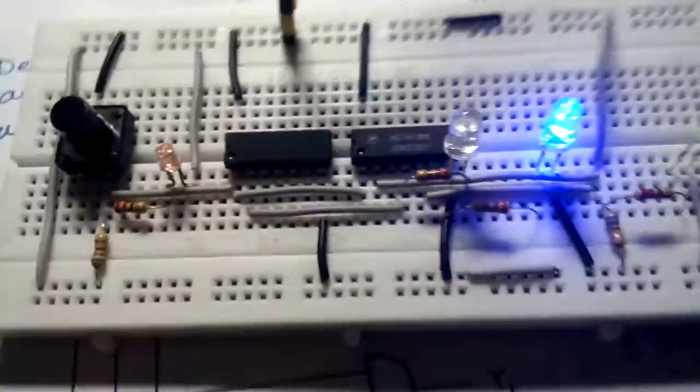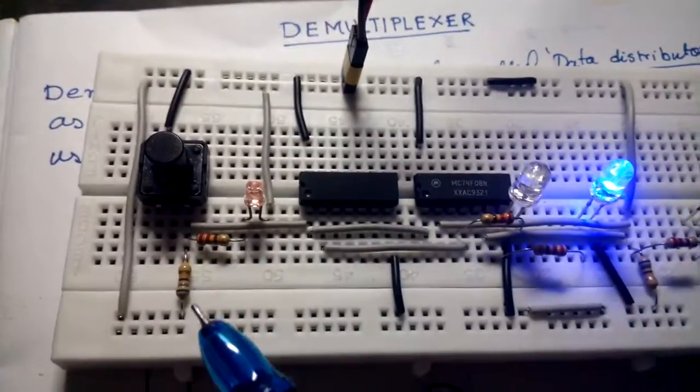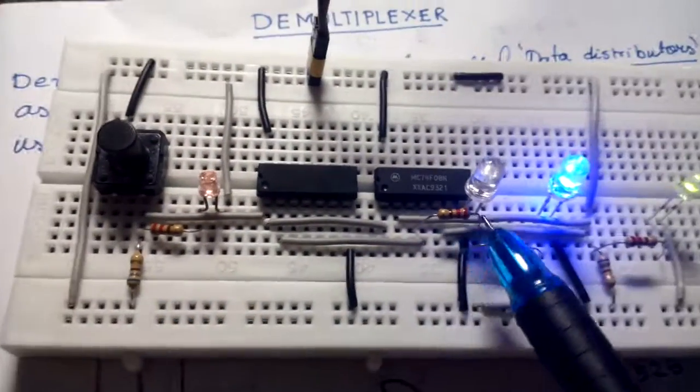I have put the power in, and to check with my truth table, my data is now at high condition, that is 1. You can see it is continuously high. My selector is now at ground state; I have made it ground using a 680 ohm resistance.